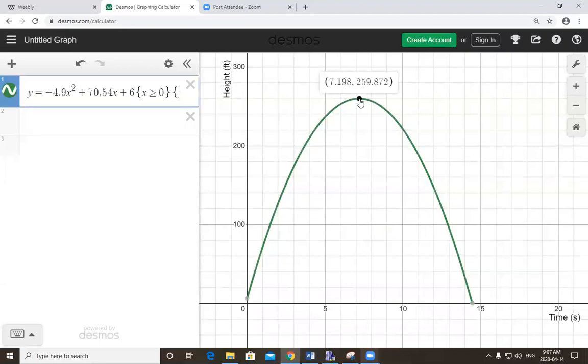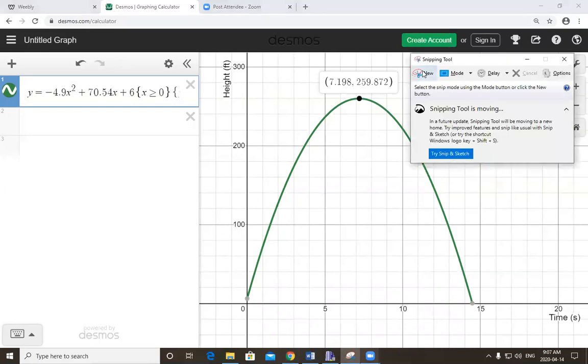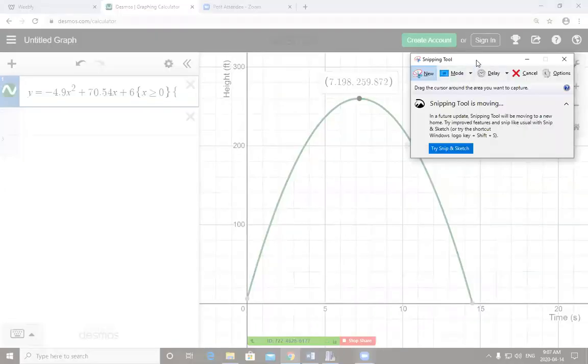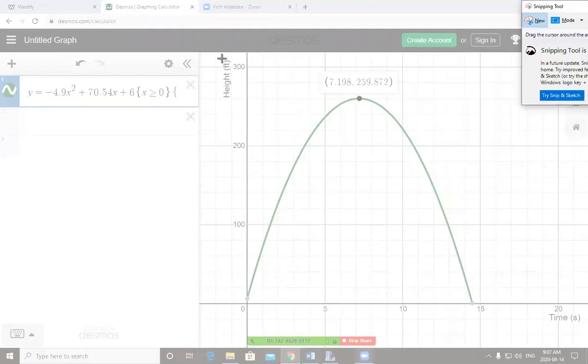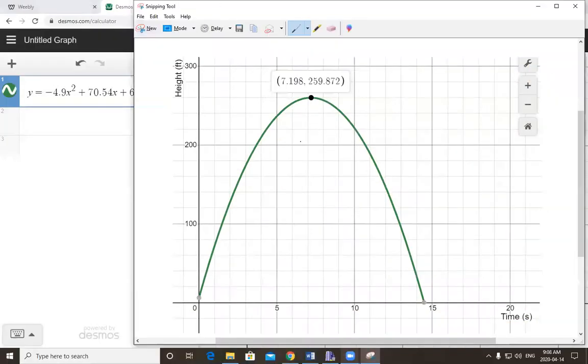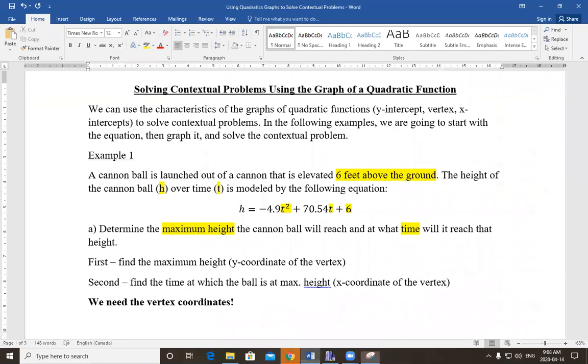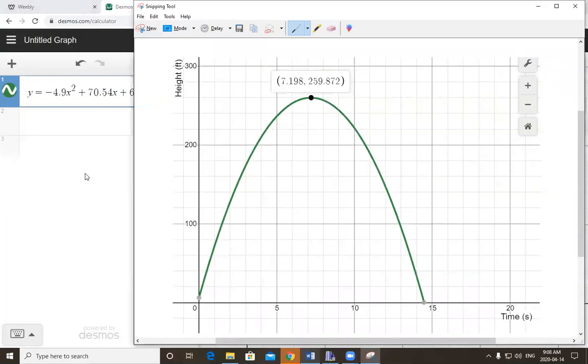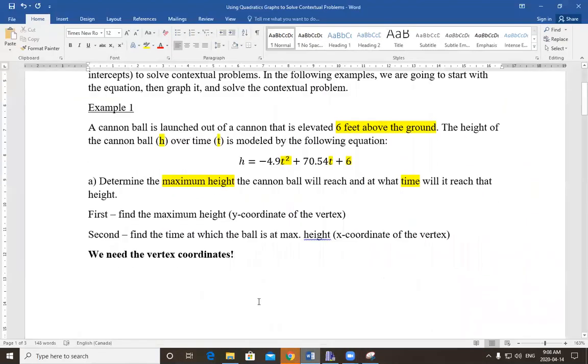So we click on our coordinate, and there it is. So that's the coordinate of the vertex, and we will snip that. Make sure we get the labels in. And we got that. Copy it and paste it into our Word document.